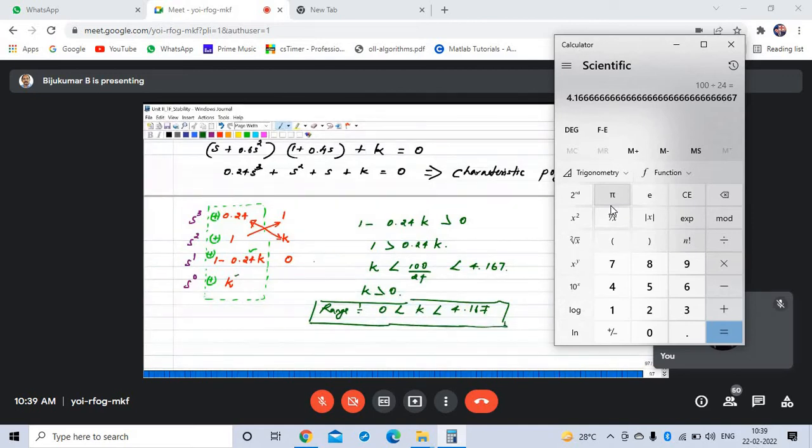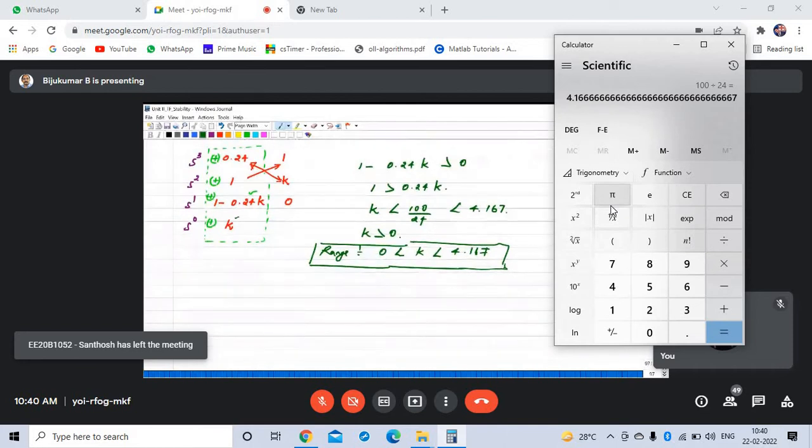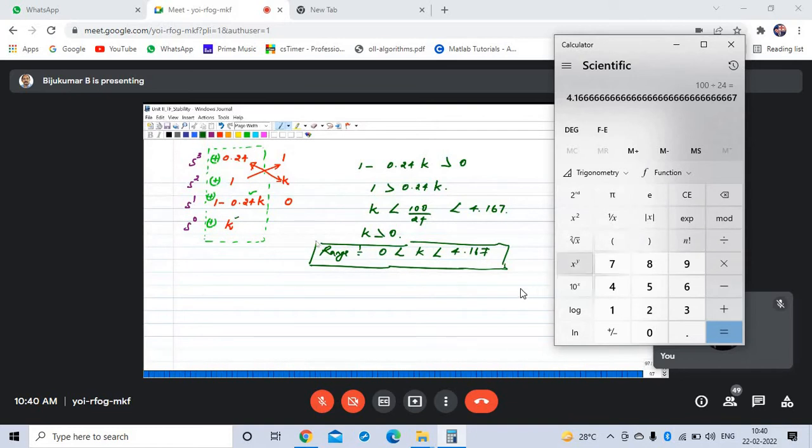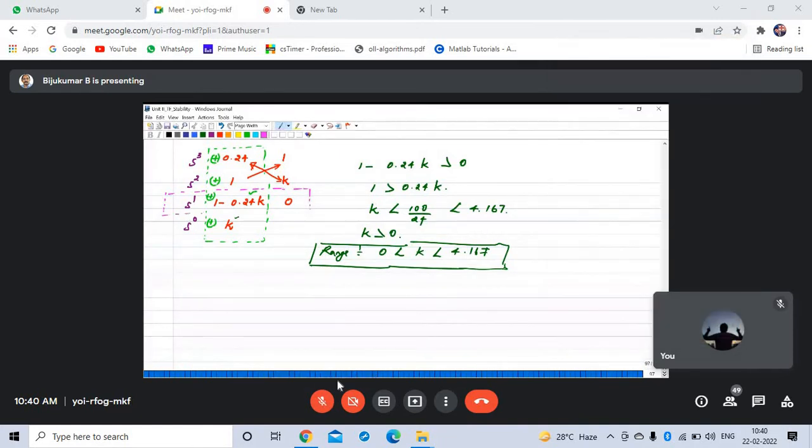Now, how will we find the frequency of sustained oscillation? Can you tell? When will the output response oscillate? When the roots lie on the j omega axis, right?